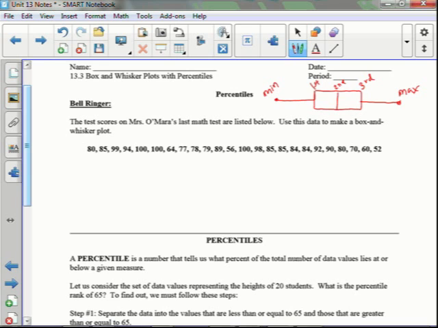Now, quartile is like the word quarter, which separates things into 25%. So what this means is that when you're looking at data points, 25% of the scores are going to come here, 25% of the scores are going to be here, 25% here, and 25% here.